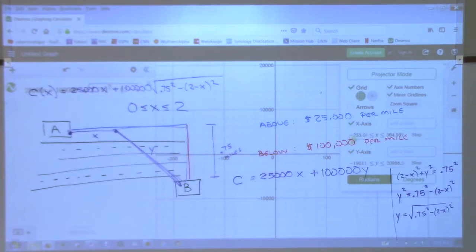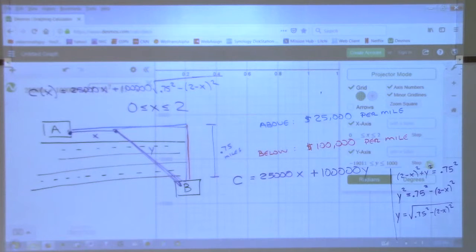Right now my x is too big, so I'm going to go between 0 and 2, right? That was my x. And let's just see if it comes up. Obviously, it's not coming up there. So let me see if I can start putting in 1, 0, 0, 0, 0, 0. Oh, there it is. Do you see it down there?